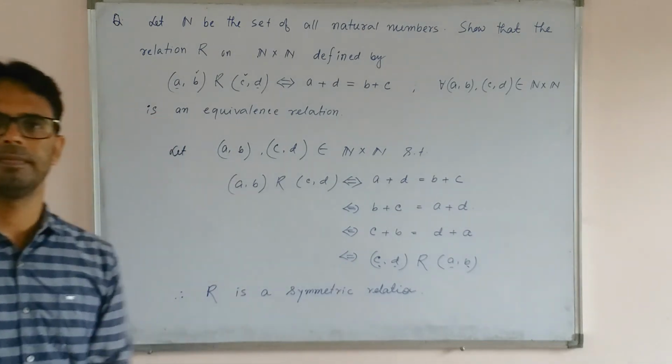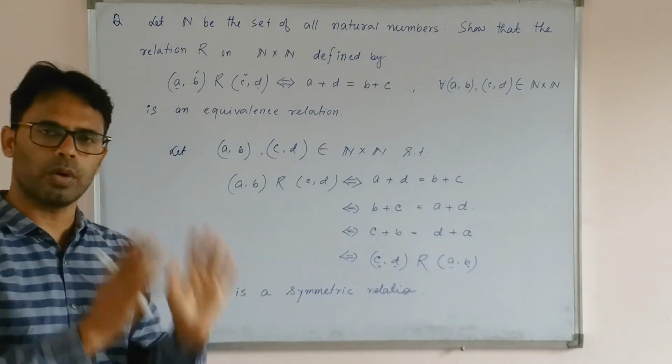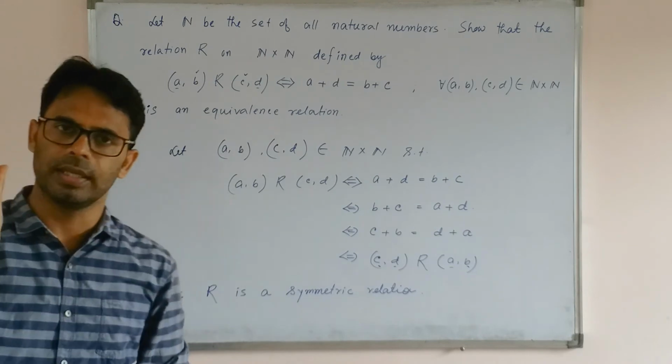Now come to the third one. This time you need three ordered pairs. Actually three elements, but the elements are ordered pairs here because the relation is defined on the cross product set.